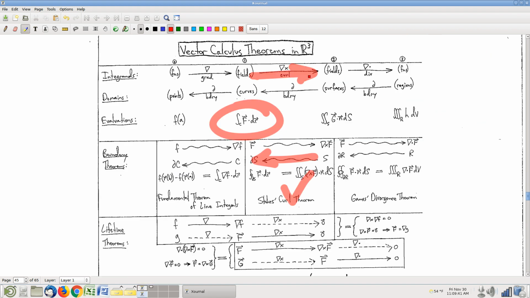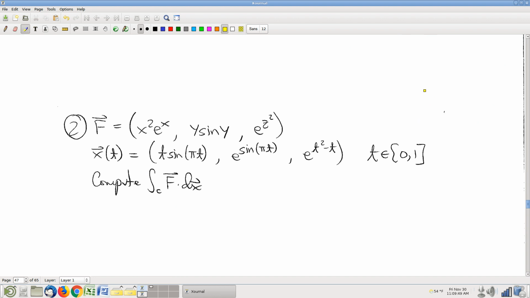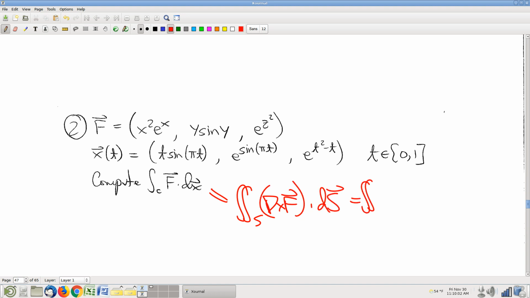So the curl was 0. That means we can use the fundamental theorem of line integrals. So you have two options in the case of this question. On the one hand, you could say the flux through the surface of curl F dot dS equals flux of 0 equals 0. That's fine.